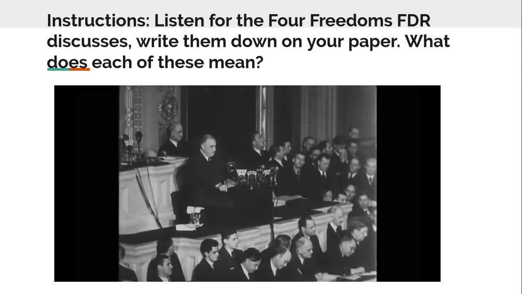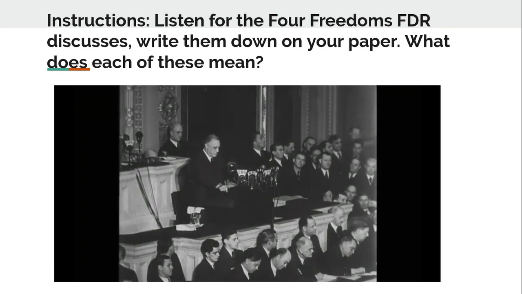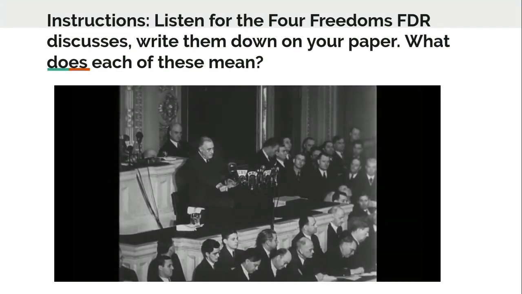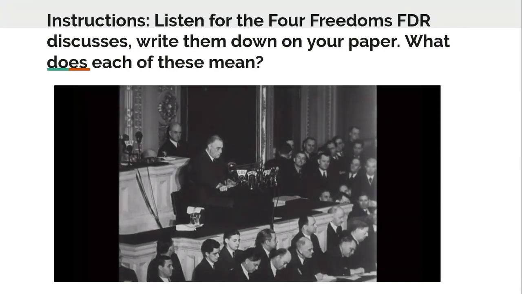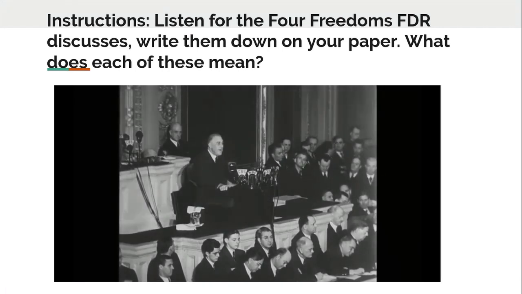The first is freedom of speech and expression everywhere in the world. The second is freedom of every person to worship God in his own way everywhere in the world.